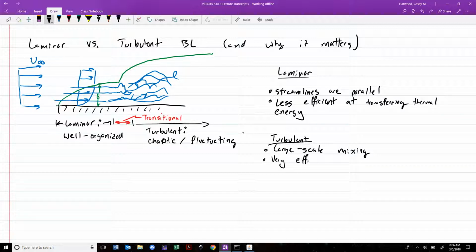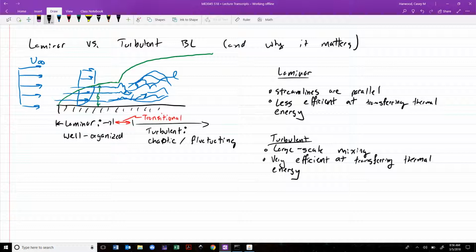Very efficient at transferring thermal energy. So as a consequence of these differences between the laminar and turbulent boundary layer, obviously it's the second bullet point that we are most interested in heat transfer.